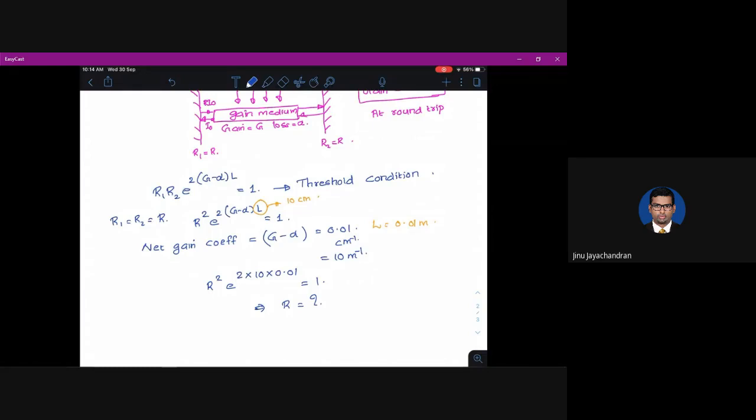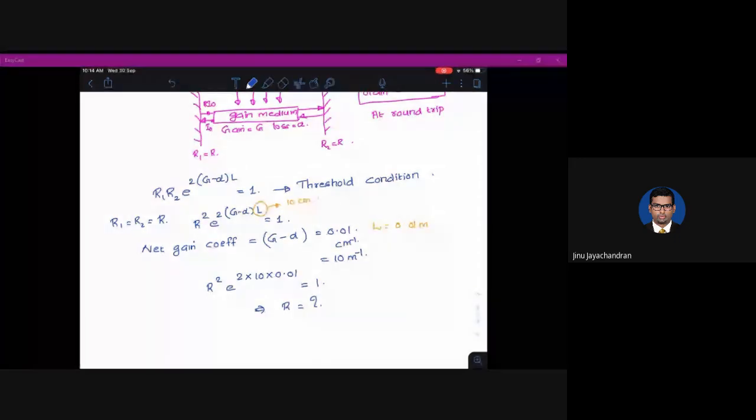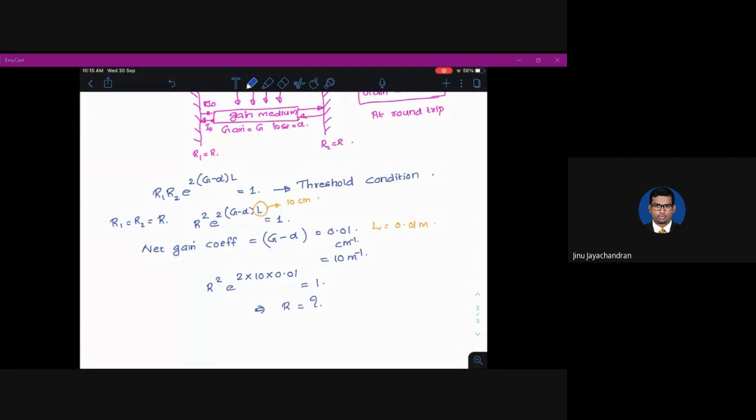Please use the calculator to see what the value of R is. Anybody?